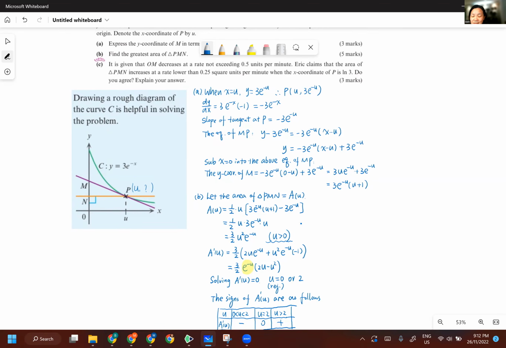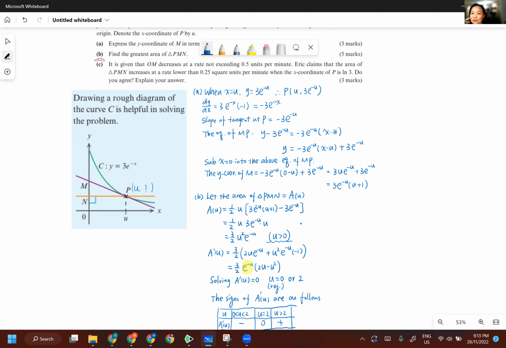M is decreasing. So Eric claims that the area of triangle PMN increases at a rate lower than 0.25 square units per minute when the x-coordinate of P is log 3. You see, I think it's killing, although it's just 3 marks, but still. Do you agree? Explain. Wow.